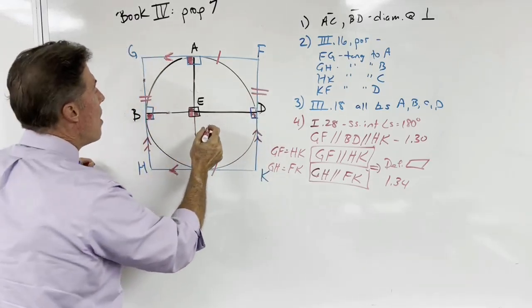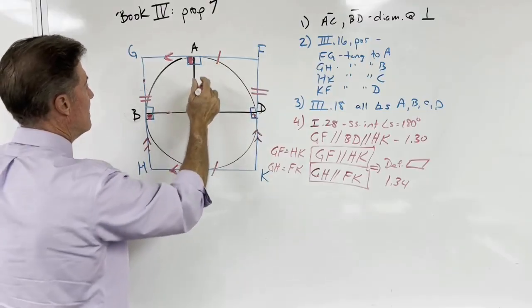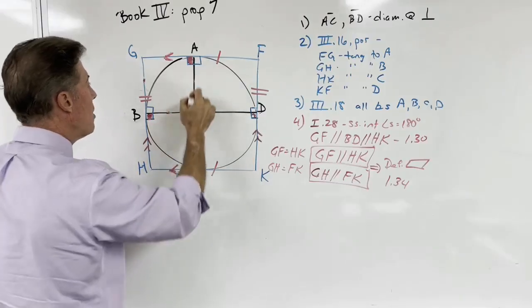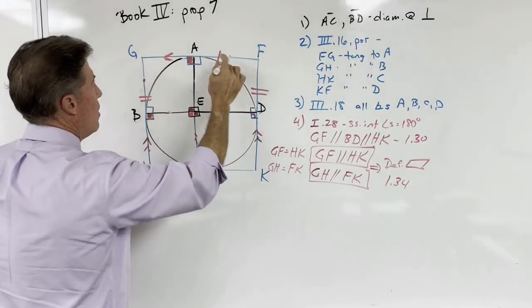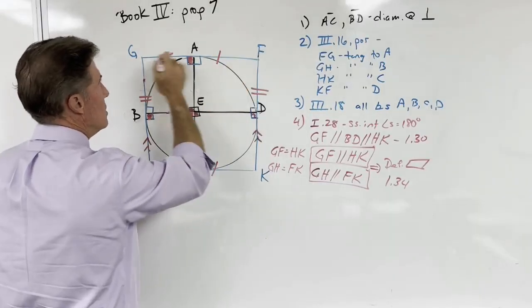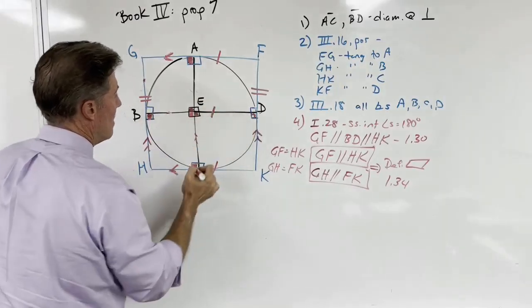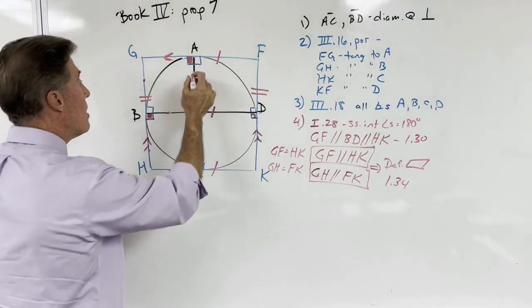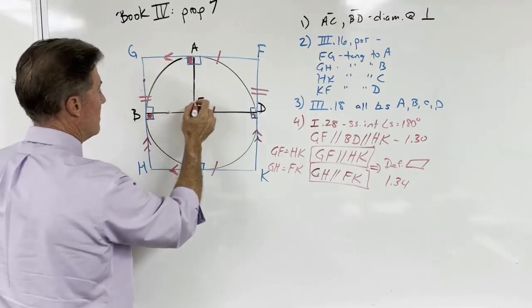And we know already, right, that in these smaller parallelograms, so if we took this parallelogram, we would know that this side, GF, would be equal to BD. And we also know that BD and AC are equal to each other.